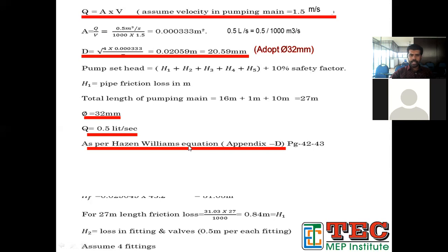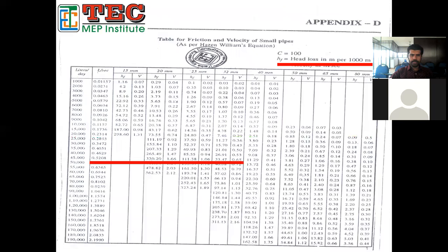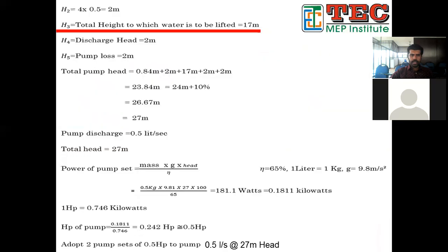So now you find the capacity of the pump. The capacity of the pump we can find by the formula: mass into 9.81 into the total head into 100 by 65, or we can write divided by 0.65 also. You will be getting the answer in watts.